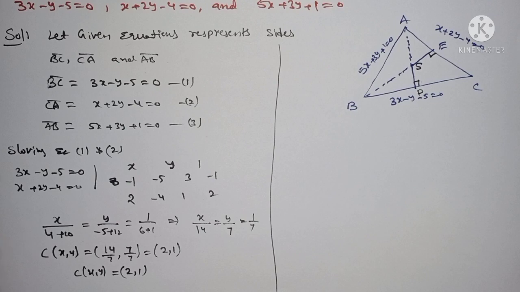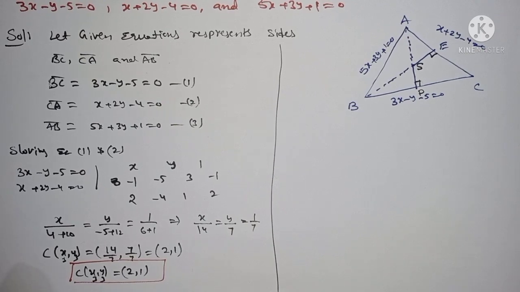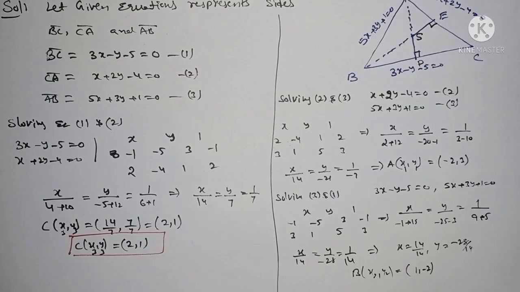You can write x3 comma y3, 2 comma 1 you got. Similarly, you can find A and B vertices. I will write directly.